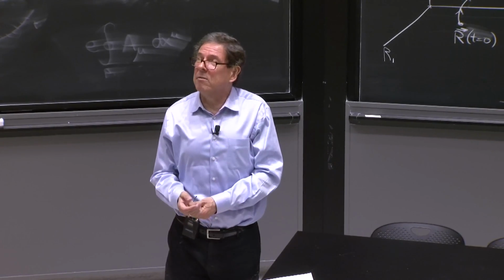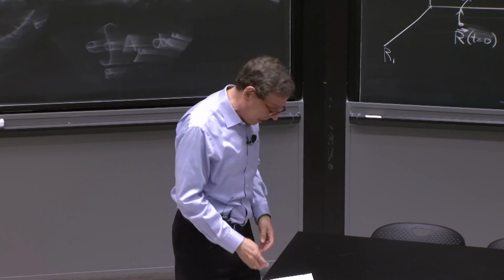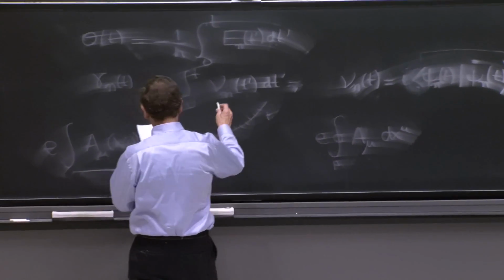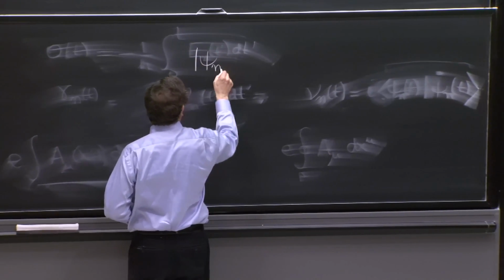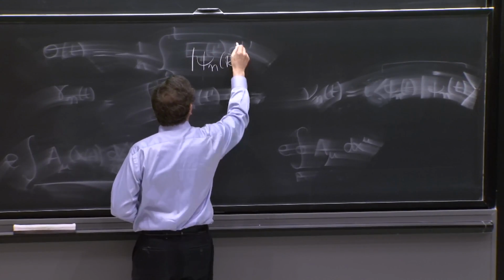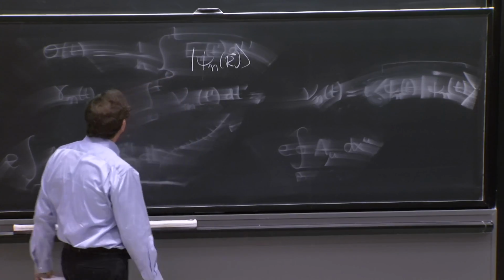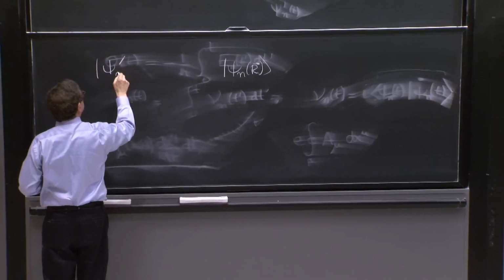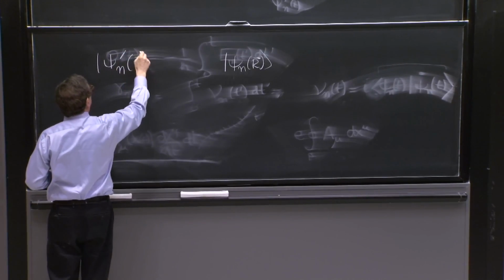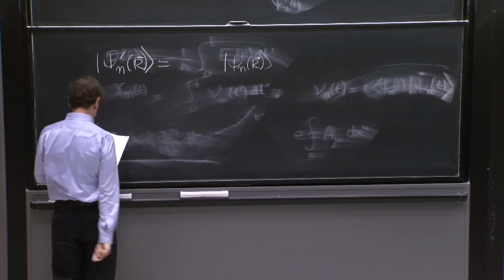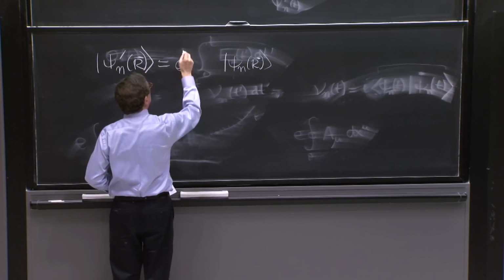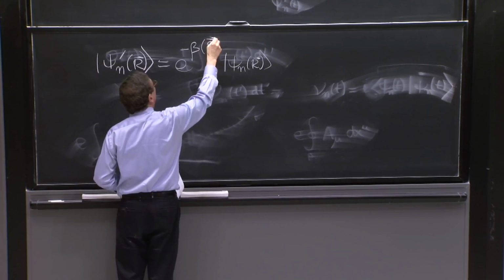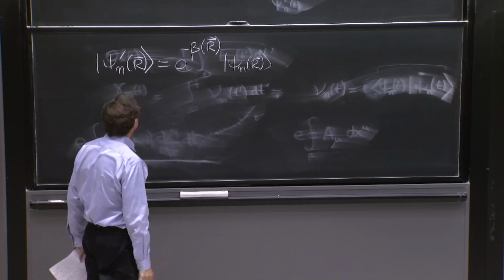If you have an energy eigenstate psi n of r, you could decide to find another one, psi n prime of r, equal to e to the minus some arbitrary function of r times this.